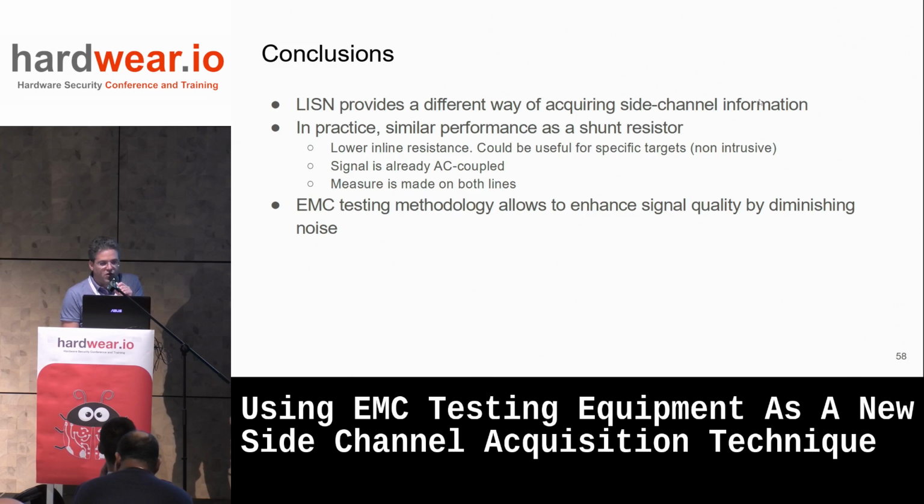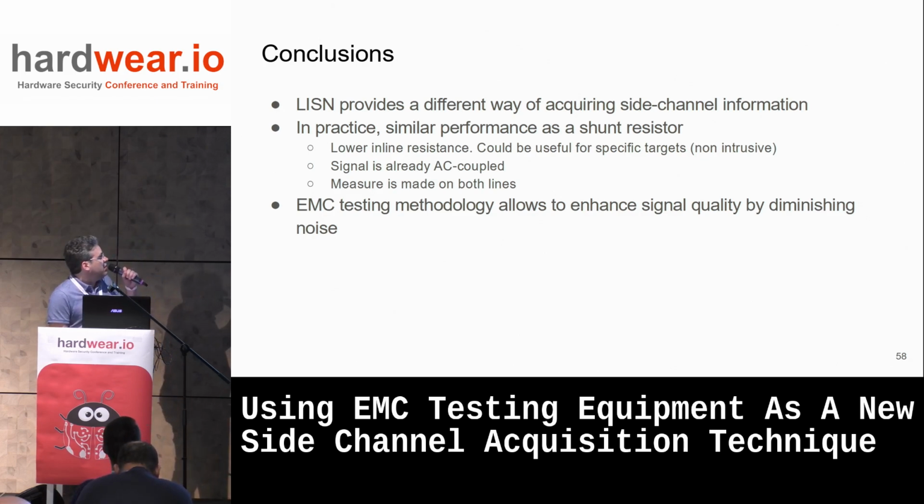Of course, a lower inline resistance because it's like 0 ohm on the LISN, so there is no effect on the DUT like you could have with a shunt resistor. And it could be useful for specific targets because it's non-intrusive and easier to set up on the side. You don't need to solder a resistor or things like that.